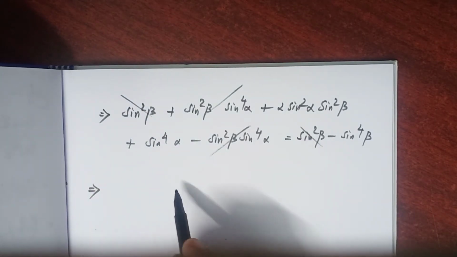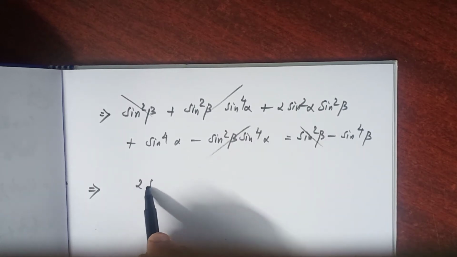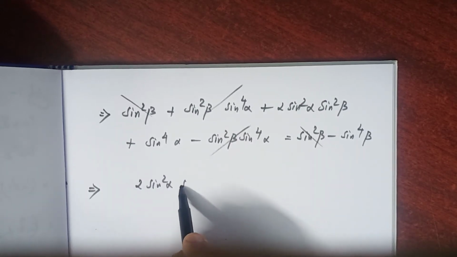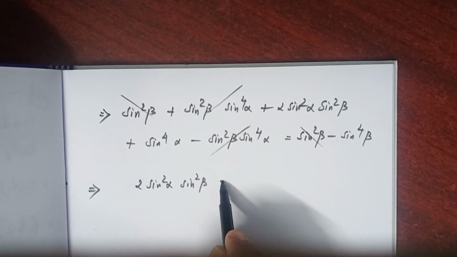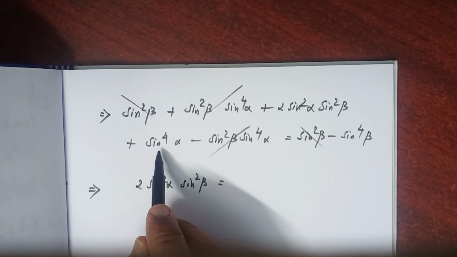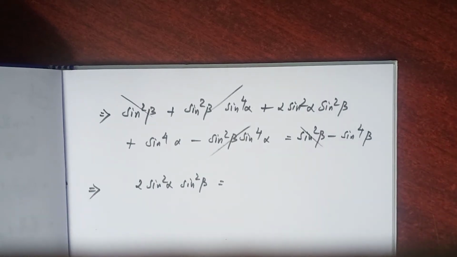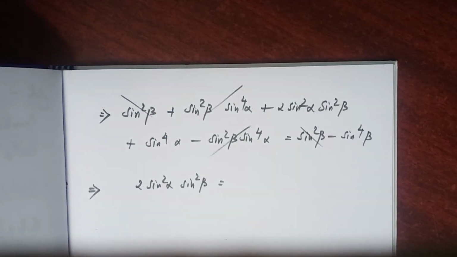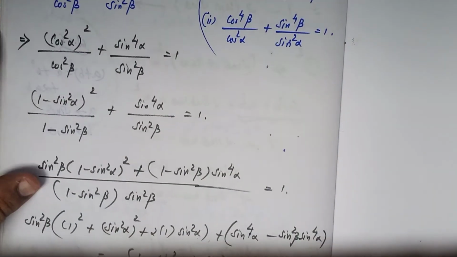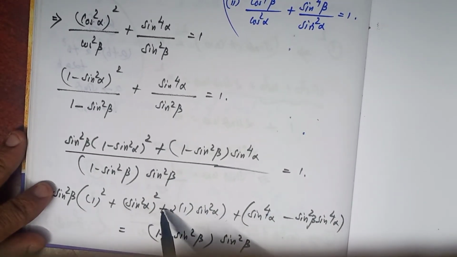Then what are the left out terms? We have 2 sin squared alpha sin squared beta, that is equal to, here sin power 4 alpha, here minus sin power 4 beta. Here one correction. Here you know the formula a minus b whole square, that is a squared plus b squared minus 2ab.